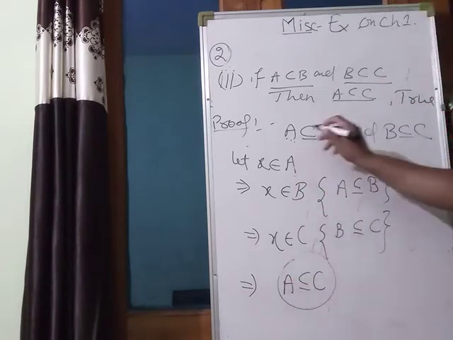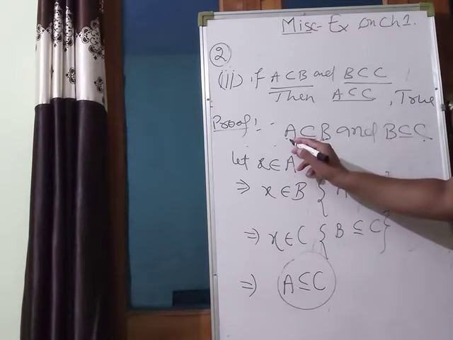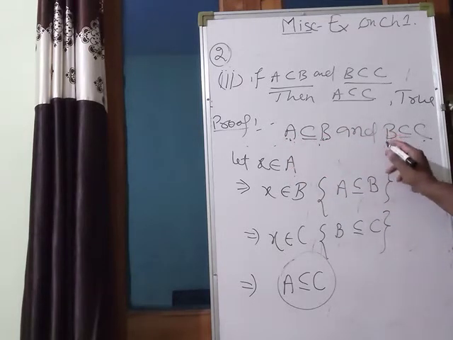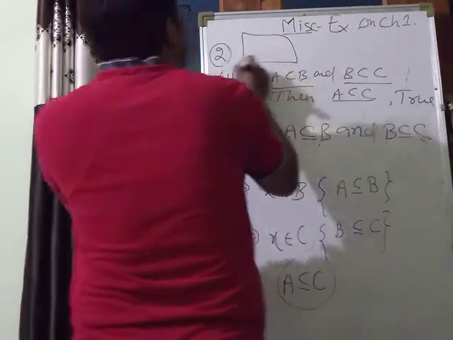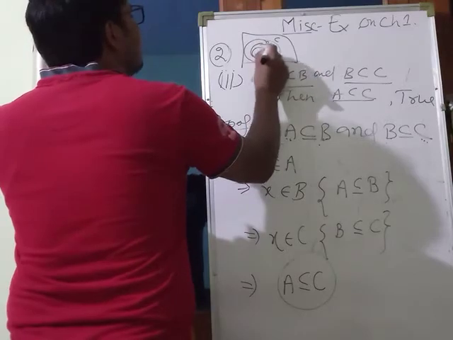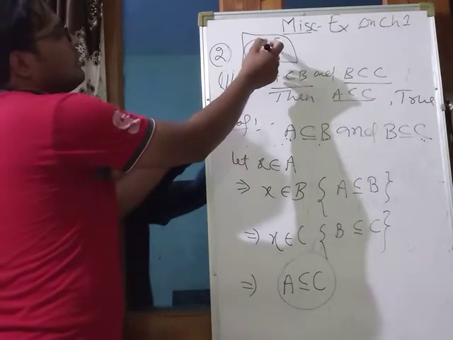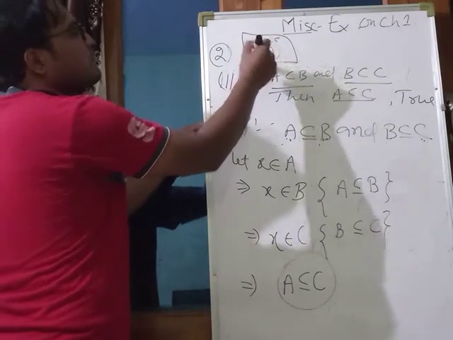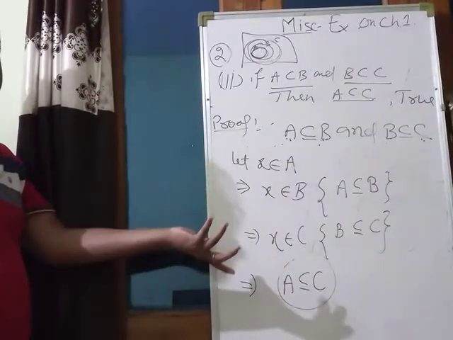That's why if A is subset of B and B is subset of C, then A is also subset of C. Okay? Each element of A belongs to B and each element of B belongs to C. Clearly each element of A belongs to C. So A is subset of C. By using Venn diagram you can see this is C, this is B and this is A. तो आप देखो B C का सबसेट है, A B का सबसेट है, तो A C के इनसाइड में है कि नहीं? तो A भी C का सबसेट है. क्लियरली.